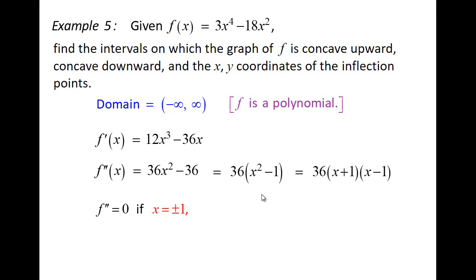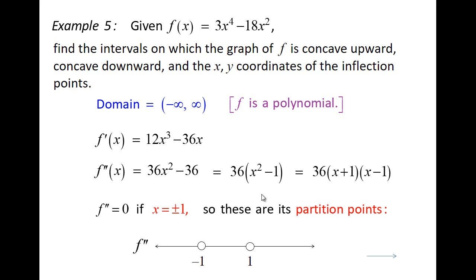So we see that f double prime is 0 whenever x is 1 or minus 1, and it is defined everywhere. So these are the partition numbers, and we divide the domain of f at -1 and 1, and that gives us 3 intervals here. The interval up to -1, between -1 and 1, and after 1.